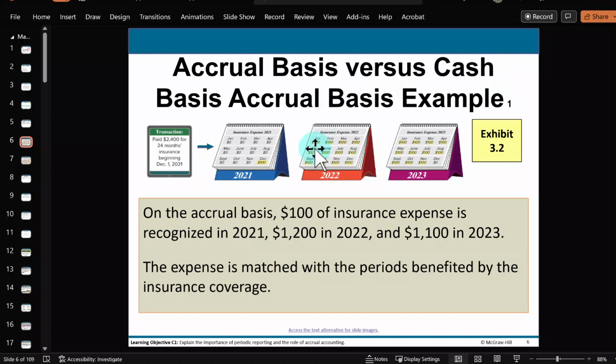Accrual will allocate just $100 of insurance expense here, even though all $2,400 was paid in 2021, and $1,200 worth of insurance expense here in 2022, and $1,100 for 11 months here in 2023. Again, that's accrual basis. And we'll come back to this example in our next video.